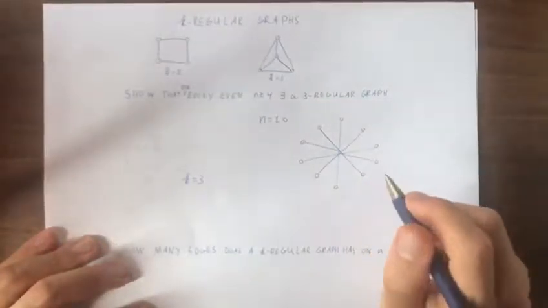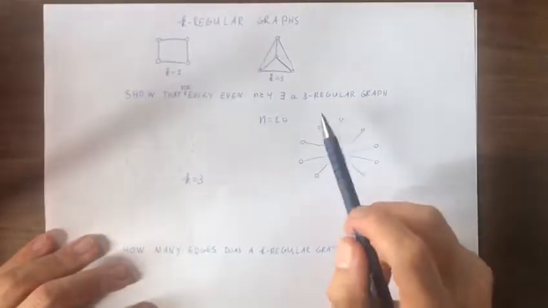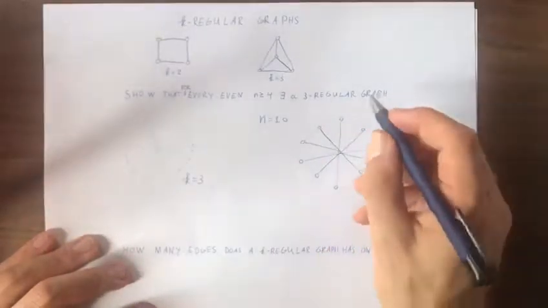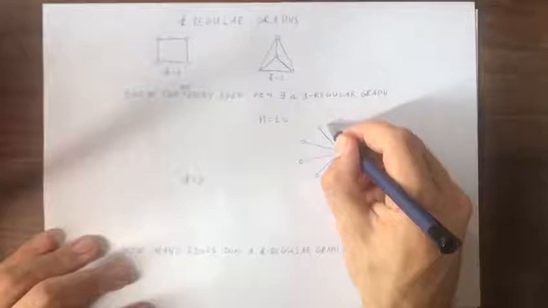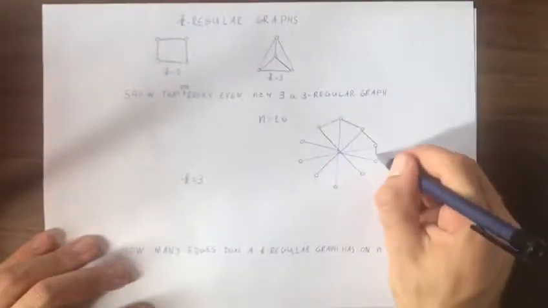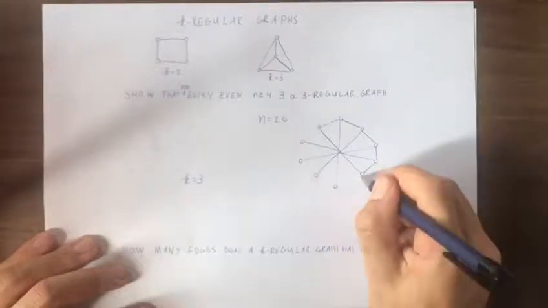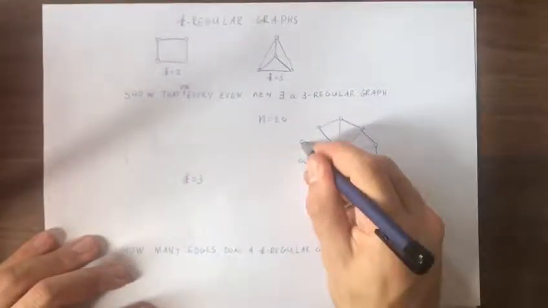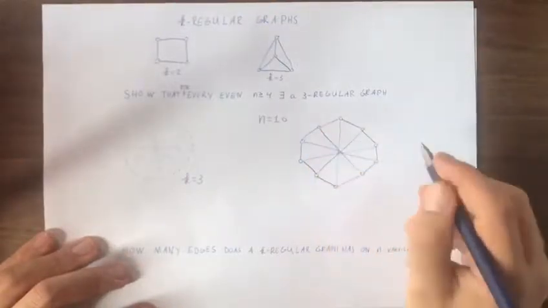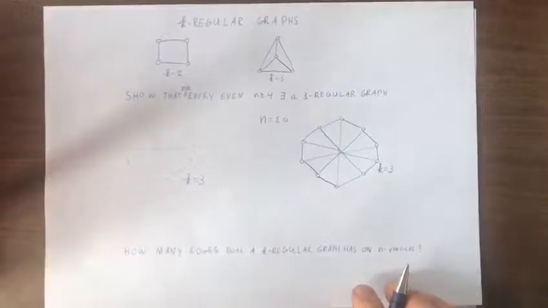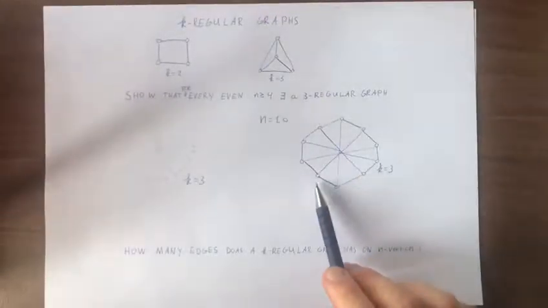So now each vertex has a degree of 1, but we want to have it a degree of 3 because we want to construct a 3-regular graph. So we connect the vertices to the closest ones. So now we have constructed a graph on 10 vertices that is 3-regular, because every vertex now has a degree of 3.